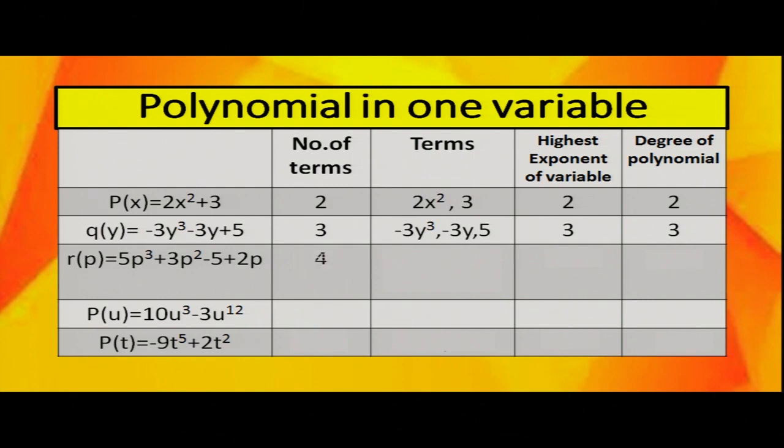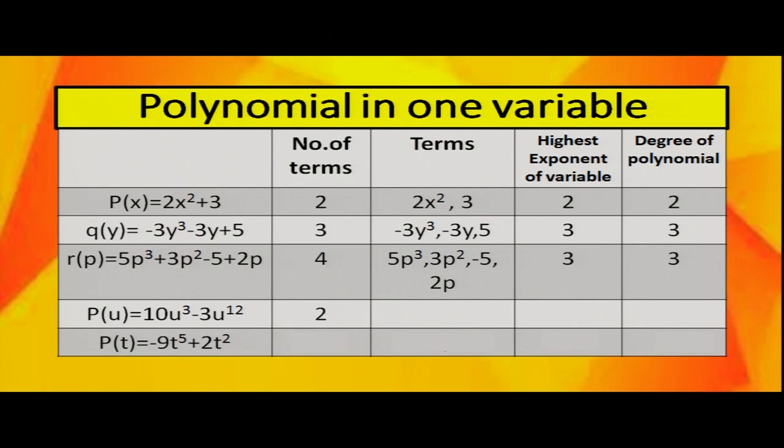In the next one, we have 4 terms: 5p raised to the power 3, 3p squared, minus 5 and 2p. The highest exponent of the variable p is 3, so the degree of this polynomial is 3. Now let's consider the next one, that is p(u).